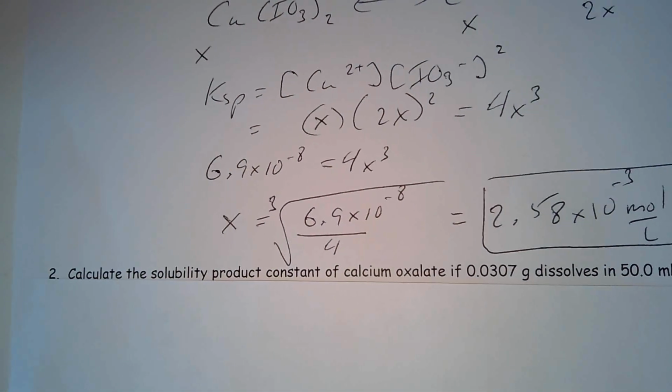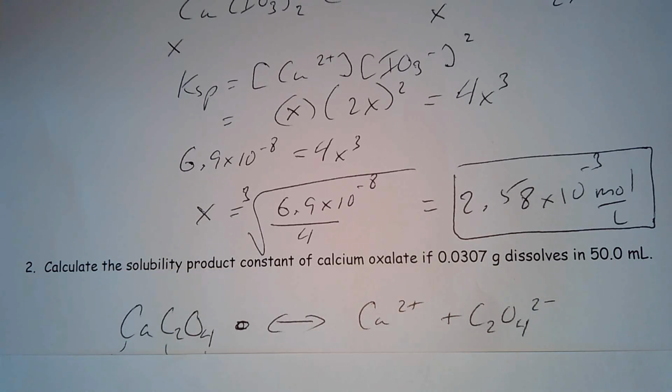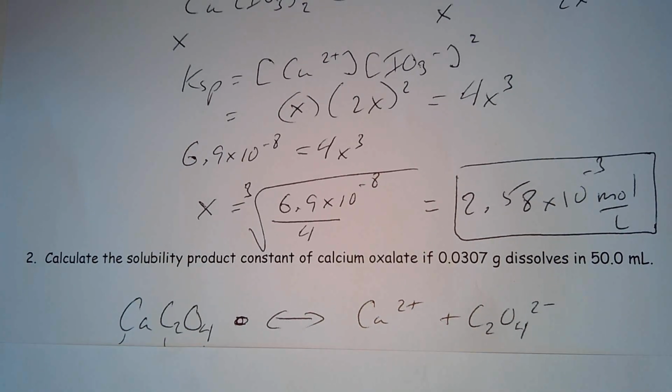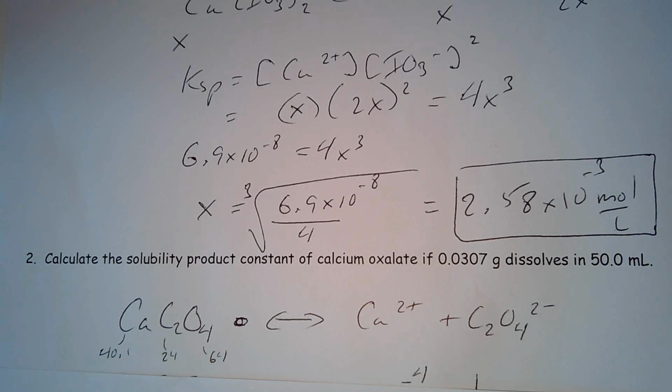So we want to find the solubility product, so that's KSP, for calcium oxalate in 50 milliliters. There's your reaction. So we've got to find the molar mass of calcium oxalate. The calcium's 40.